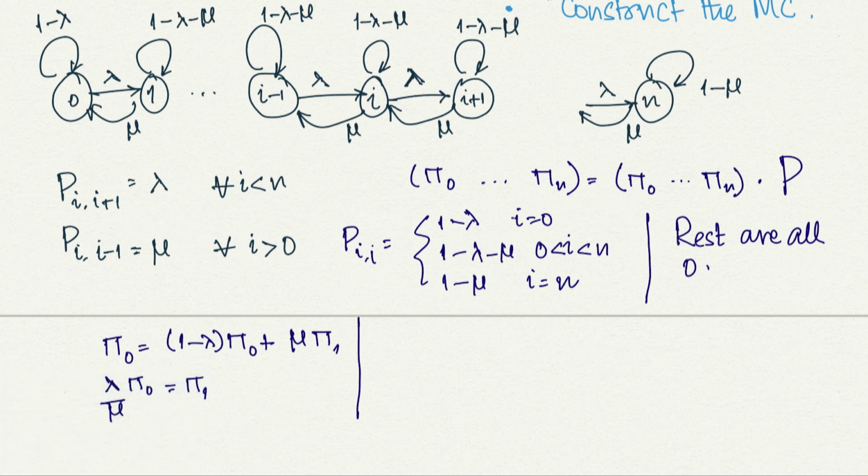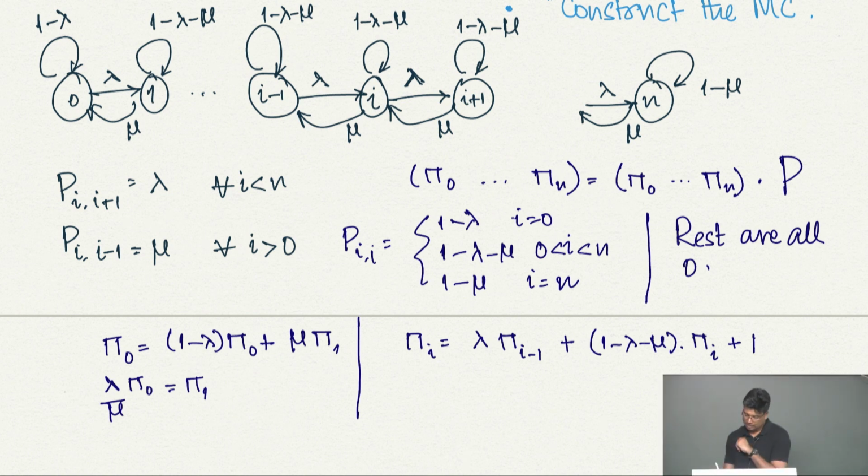Then what do I have for pi i in general? This is lambda times pi i minus 1, because you have a probability of lambda coming from i minus 1, plus 1 minus lambda minus mu of being at pi i, plus mu times pi i plus 1.